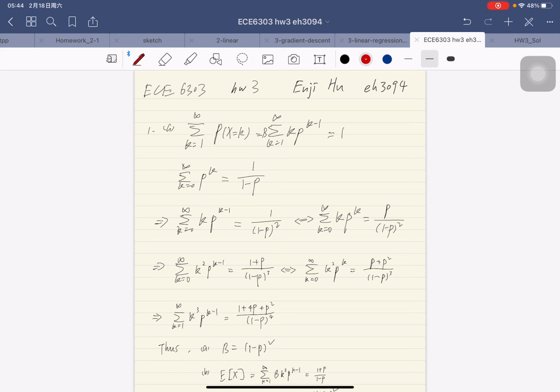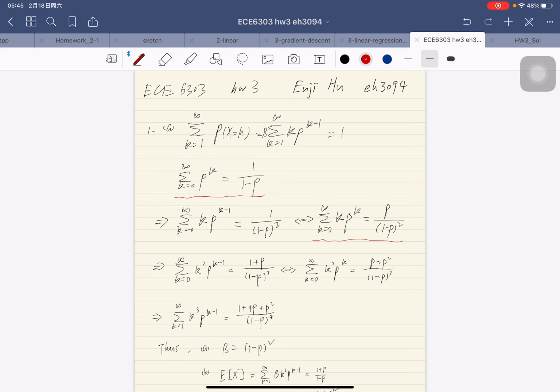we first know that the sum over k equals 0 to infinity of p to the power of k, the sum of the sequence, should be 1 over 1 minus p. And if we take the derivative of both sides of the formula, we will get this one.